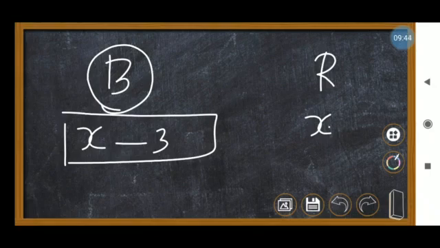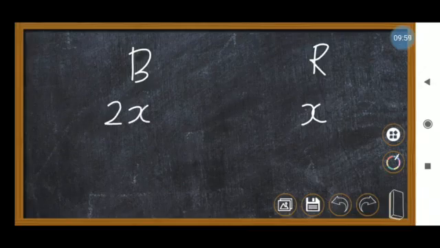Next one, Bikash is twice as old as Raju. If Raju's age is x, Bikash's age is 2x, because it is 2 times that value.